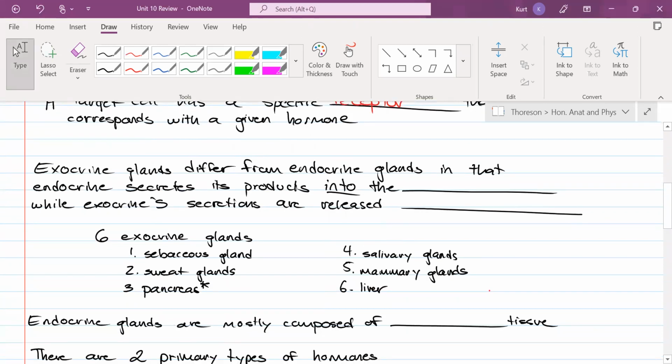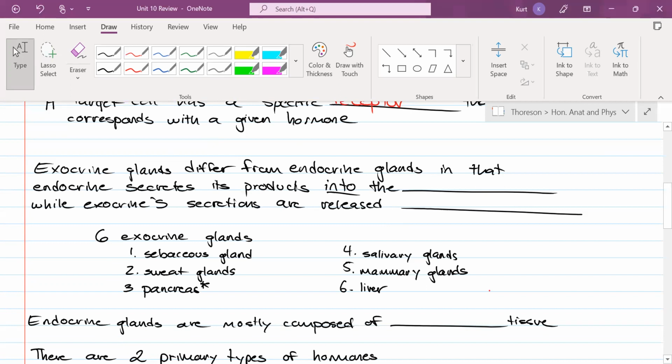All right. When you guys secrete oxytocin, girls, when you're giving birth and your uterus is trying to contract, is oxytocin going to target your stomach? No. Why not? What do stomach cells not have? They don't have receptors for oxytocin.